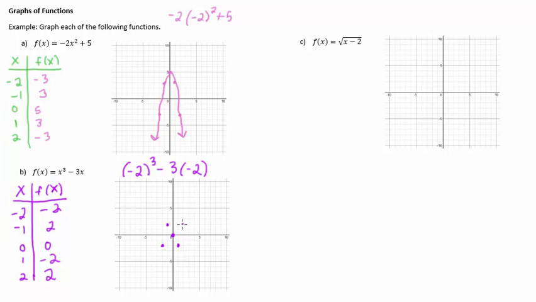Now this is the case where we may want to go ahead and do another point or plug this into our calculator, because we may just not have enough information to figure out exactly what's going on here. Right now it kind of looks like an X, and that's not what it's supposed to look like. If I plug in 3, I get 27 minus 9, which is 18.